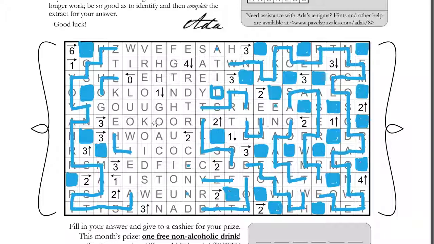But then, do I have too many lines coming into this area? Maybe?